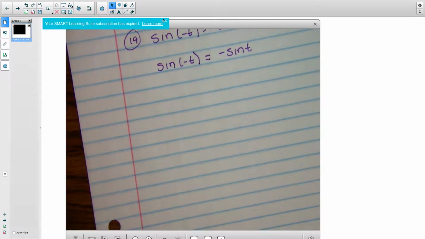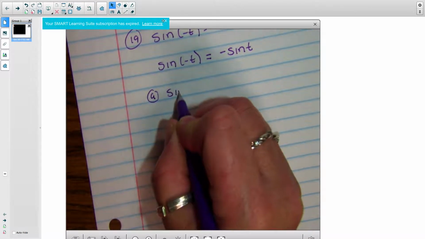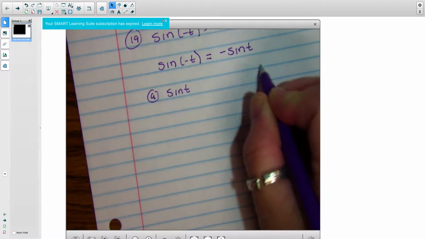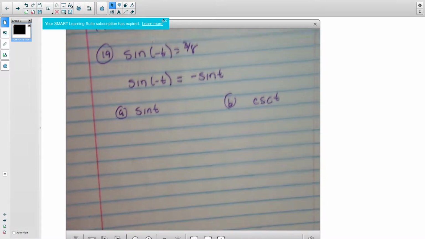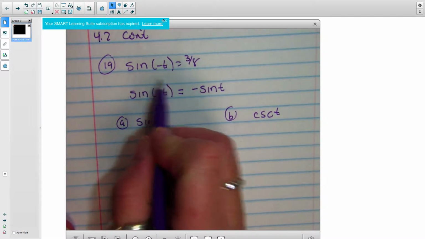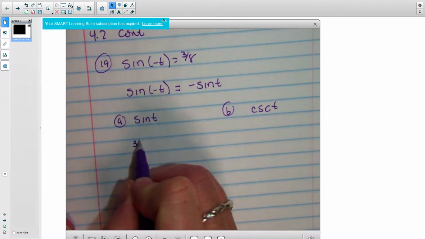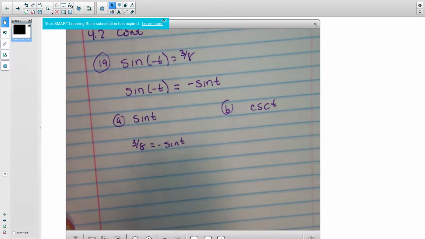What they ask us to find, use a value to evaluate A, sine, B, cosecant. So from this, if I put in 3/8 for that, it equals a negative sine of t.